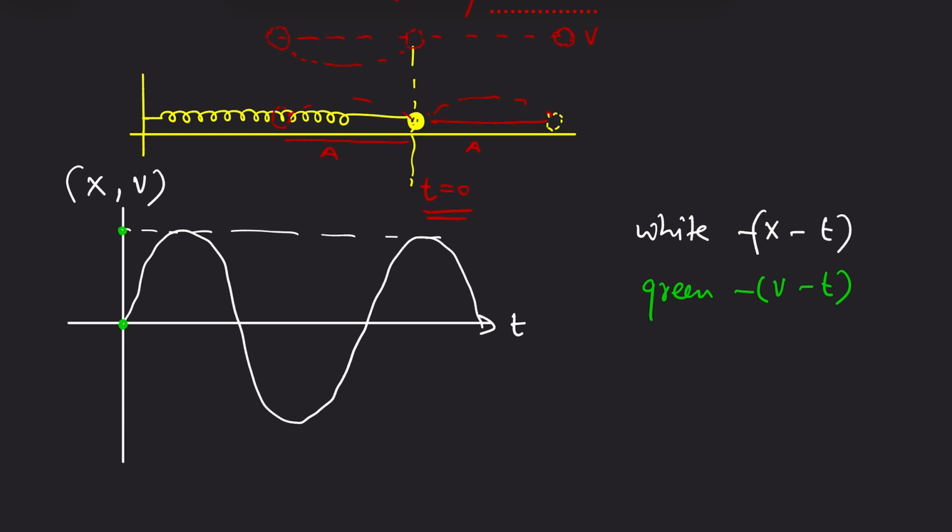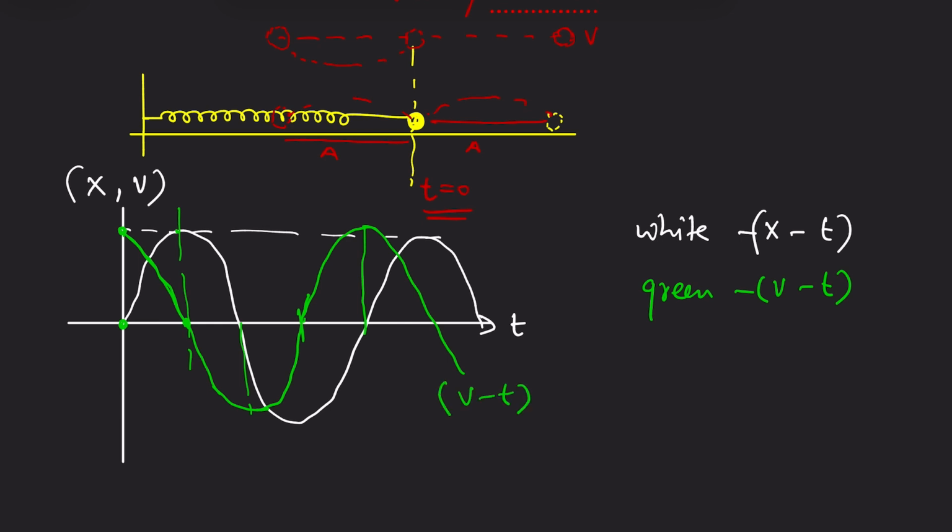When it is at its positive extreme, velocity is going to be 0. Then the curve will start like this, and then it will go like this, reach its maximum here, and then go like this, and then go to the peak here, and then something like this. So this is the curve of v versus t.